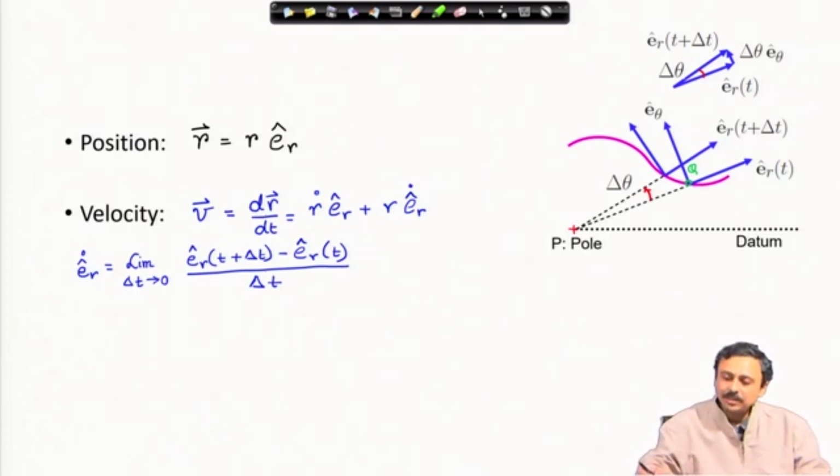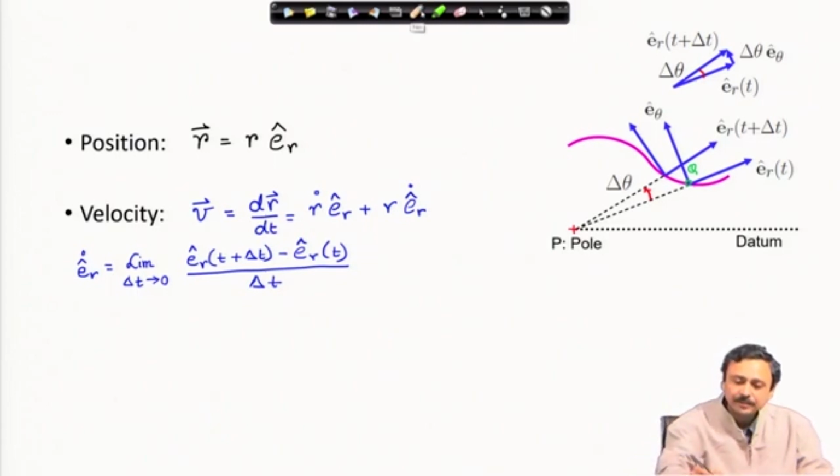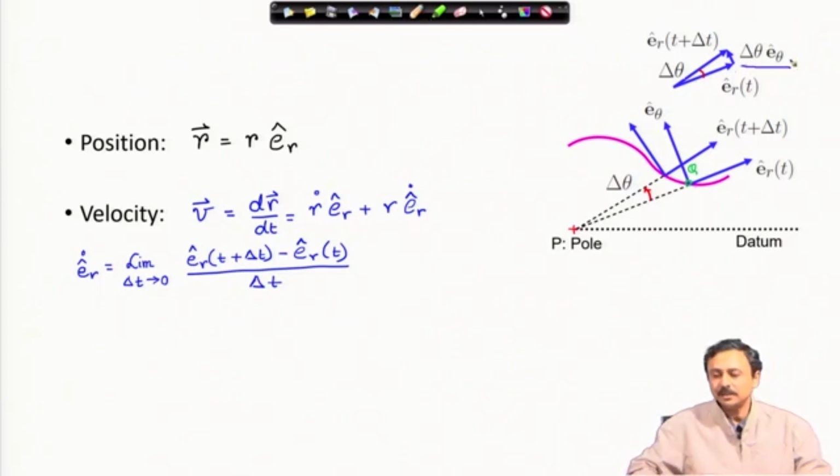Therefore, this difference vector has a magnitude of delta theta times magnitude of Er cap, which is 1. So, its magnitude is delta theta, and the direction, if you note carefully, is along E theta. In the limit delta theta goes to 0, it is along E theta.